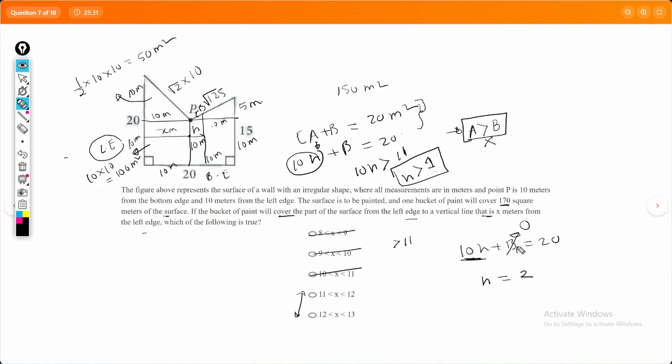But we know that the value of b is definitely going to be some number and it's not going to be 0. For that reason, the value of h will be definitely less than 2. So the total will be less than 12, because this is 10, and if this value is less than 2, it's definitely going to be less than 12. So this is out as well, and we are left with this option. So this is the correct choice.